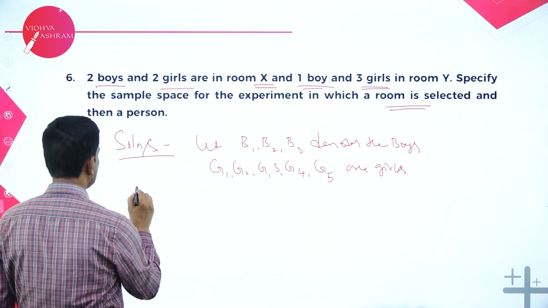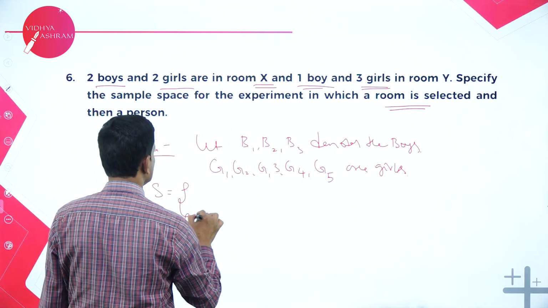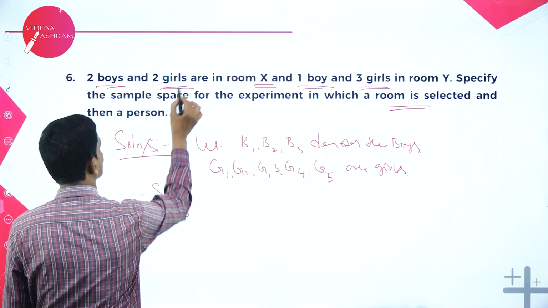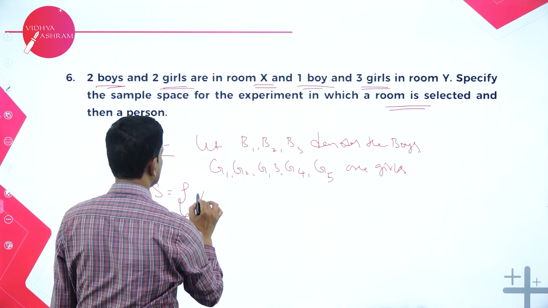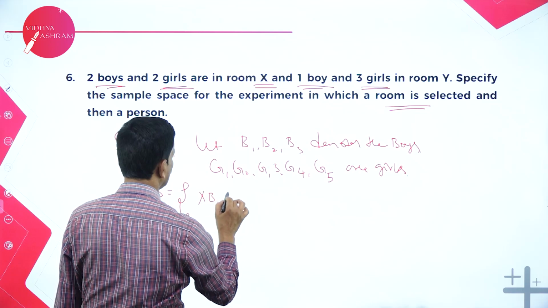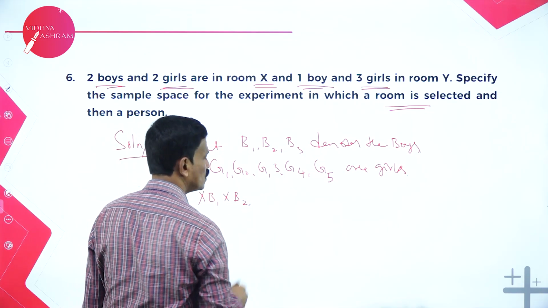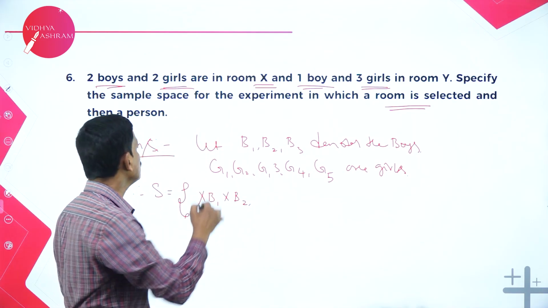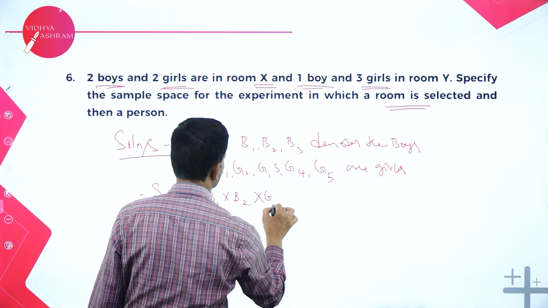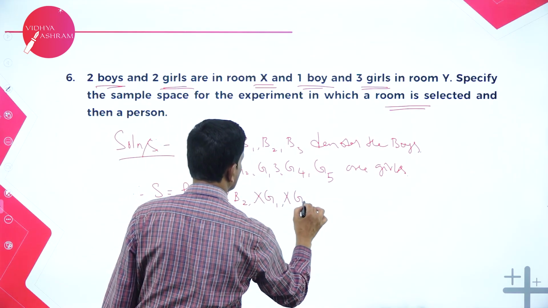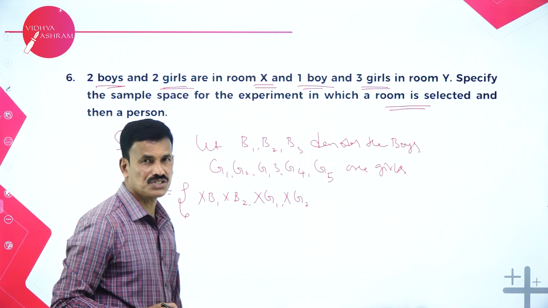Now, therefore, the sample space S is equal to, so in X we have 2 boys and 2 girls. So, consider this as X into B1, X into B2. Similarly, X into girl 1 and X into girl 2, X G1 and X G2, right?